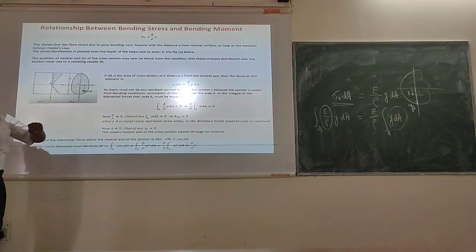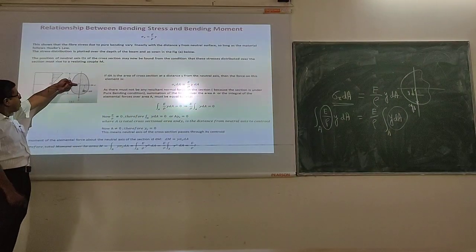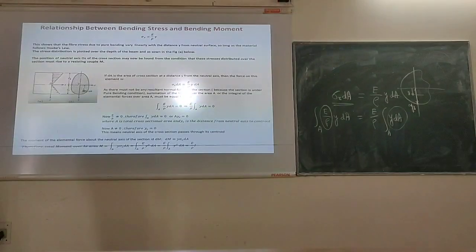In that case, if I want to take moment about the centroidal axis, then what will be the moment? Moment about the centroidal axis. And here you see moment about the centroidal axis is moment about the neutral axis. Right? So what will be the moment about the neutral axis? Force into y.